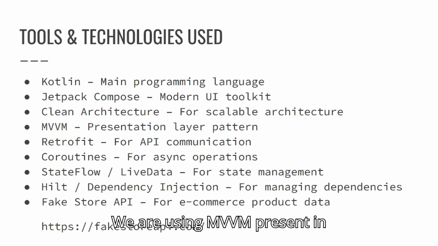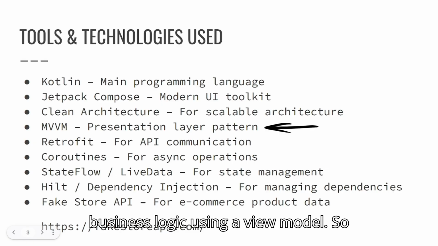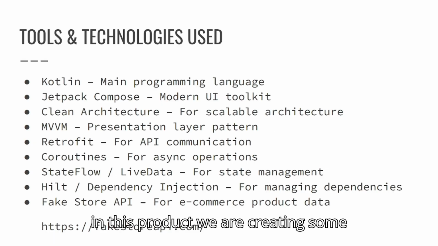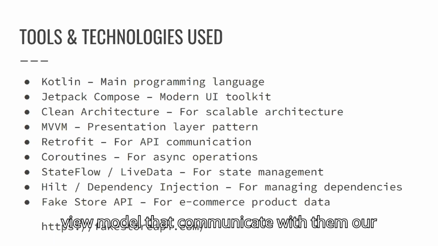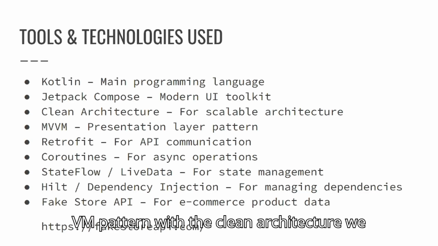We are using the MVVM pattern in the presentation layer. MVVM helps separate UI logic from business logic using a view model. In this project, we are creating some view models that communicate with our UI layer and the data layer. That's why we use the MVVM pattern with clean architecture.